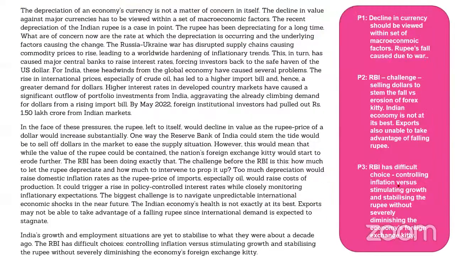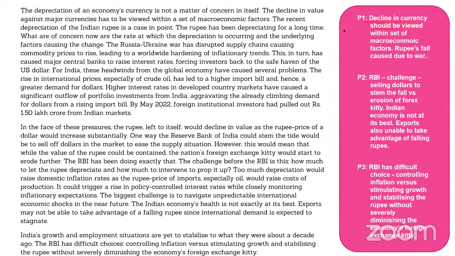He has mentioned it. So if I have to break this complex passage down, this strategy of focusing on each paragraph and identifying the content plus judgment of each paragraph helps in such passages. For example, paragraph number 1 was about the decline in currency.